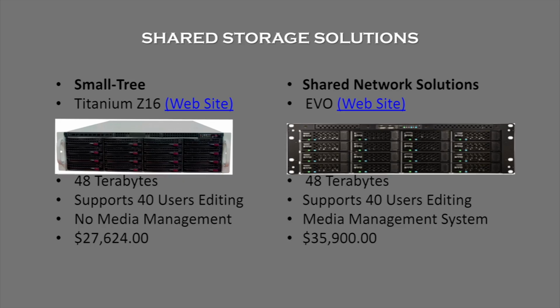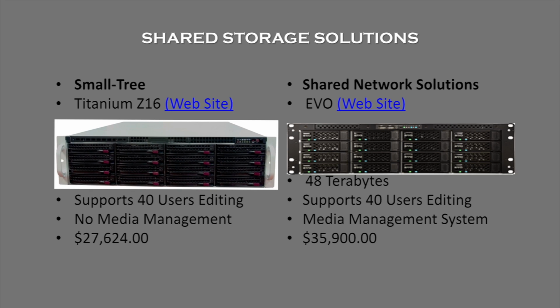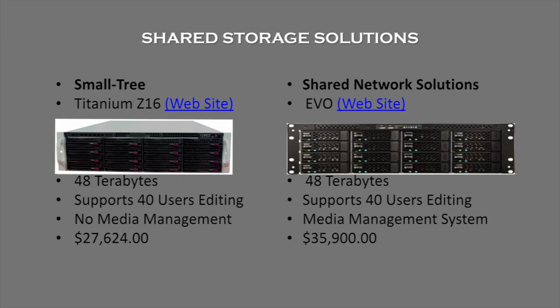There's 2 products that I looked at and zeroed in on, and it's Small Tree, and it's a Titanium Z16. The 16 comes from that it has 16 bays for 16 drives, which will increase the speed of the RAID. It has 48 terabytes. With that, I could support 40 users simultaneously editing.